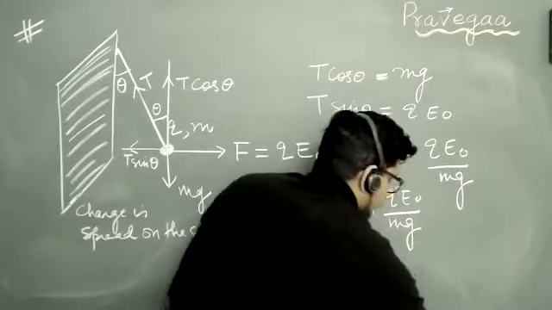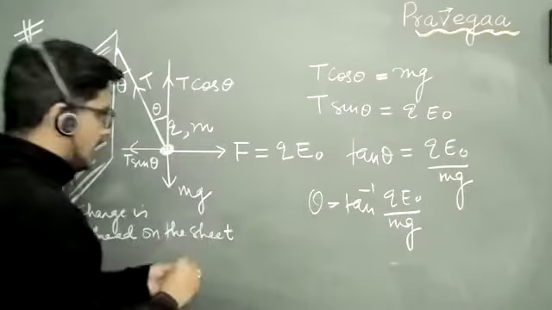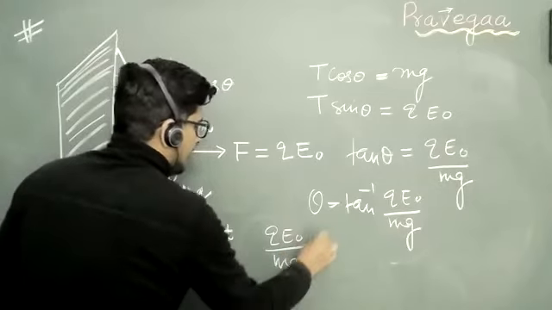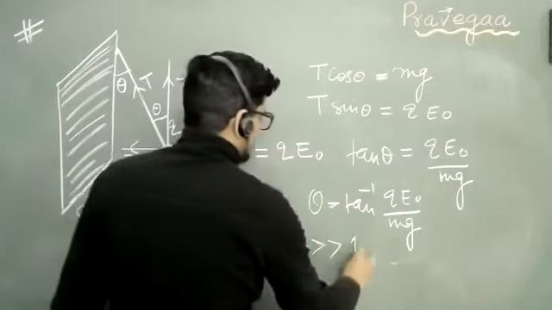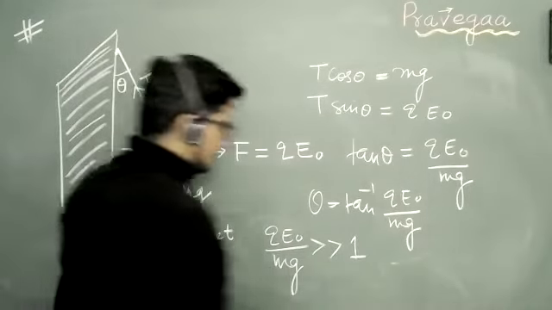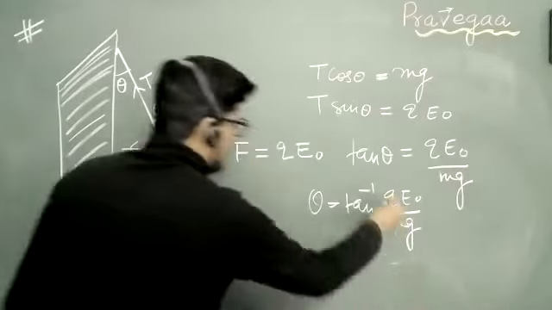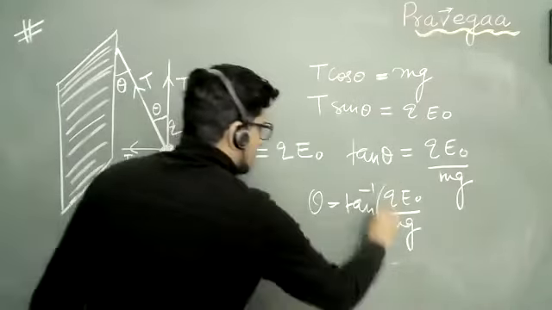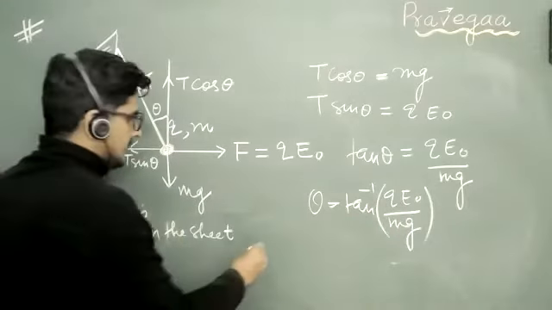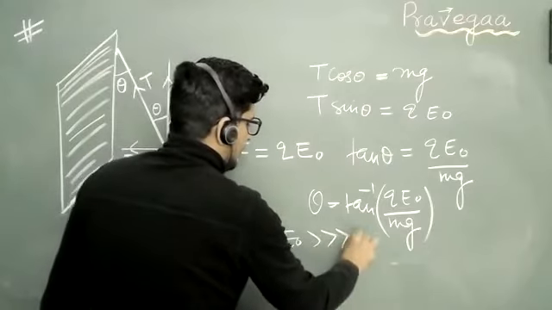So you know, infinite is just a quantity which is very large. So that means this electric force must be very, very large, right? Yes, sir. So if you want to put this quantity to infinity, that means this QE naught should be very, very large compared to mg.